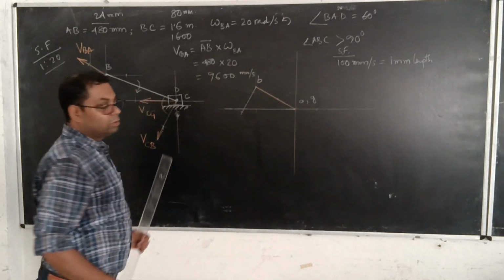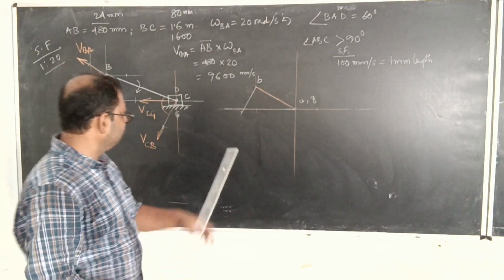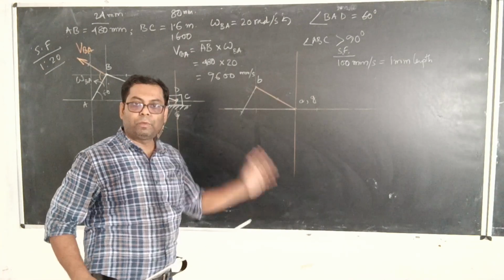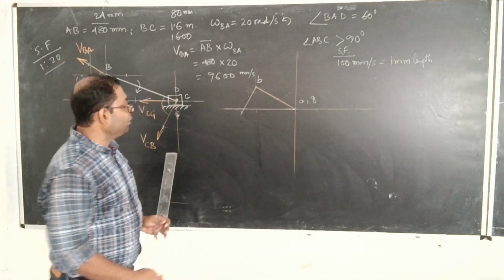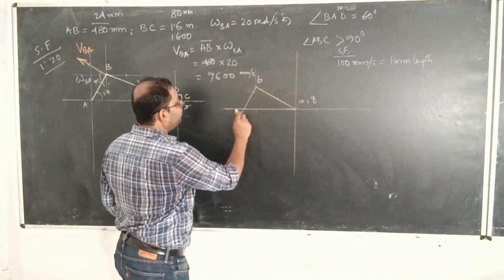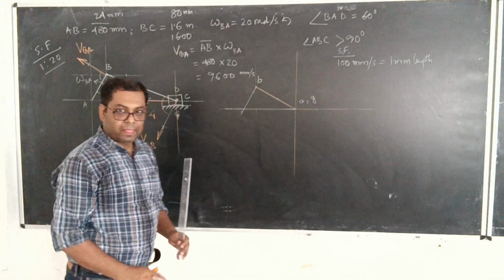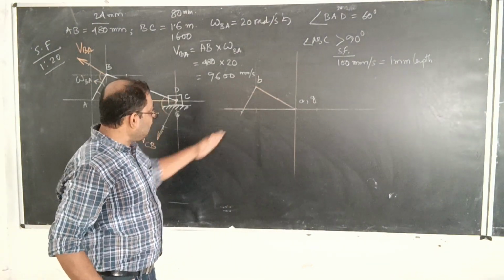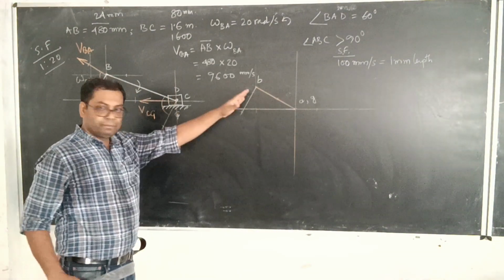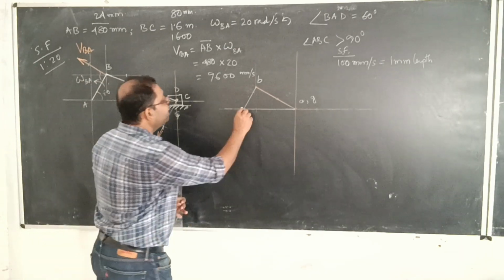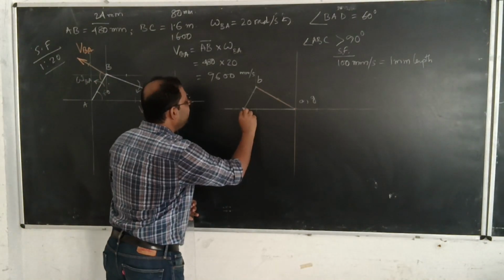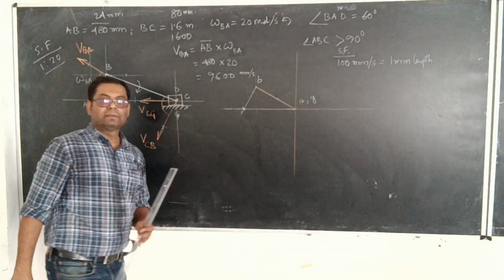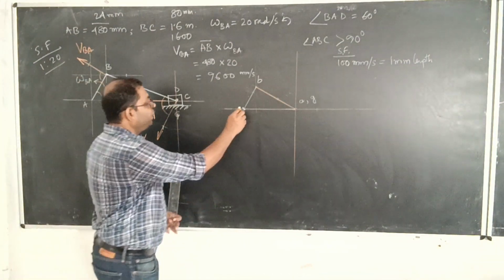So now you are going to join these two lines. From here to here, these two points you connect. Now you see the horizontal line of VCG and this angular line of VCB, they are going to intersect in between, at this particular point.